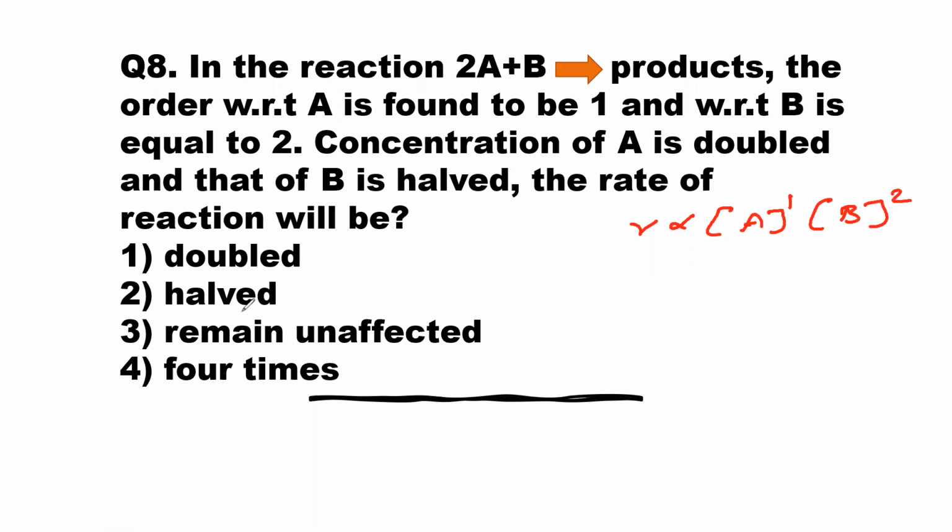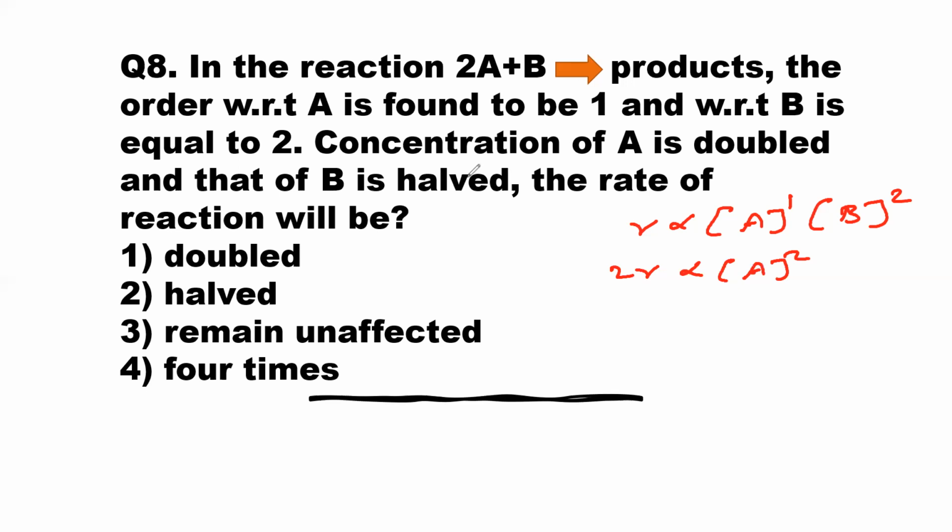So here they have given the order with respect to A as 1 and with respect to B as 2. If the concentration of A is doubled, rate increases by 2 times.